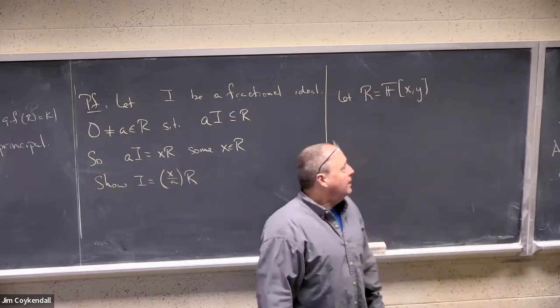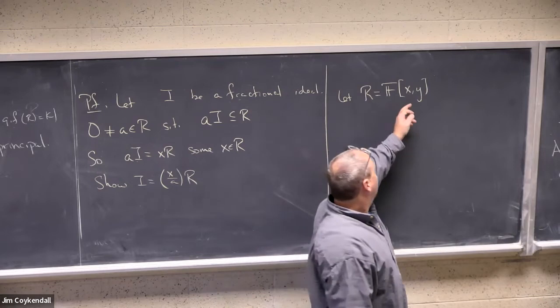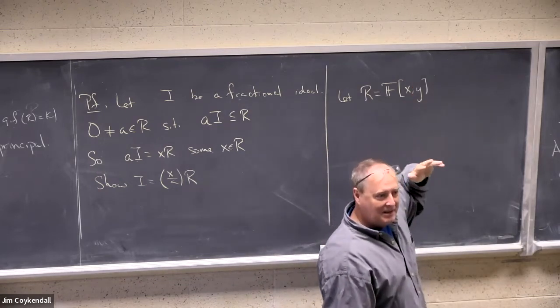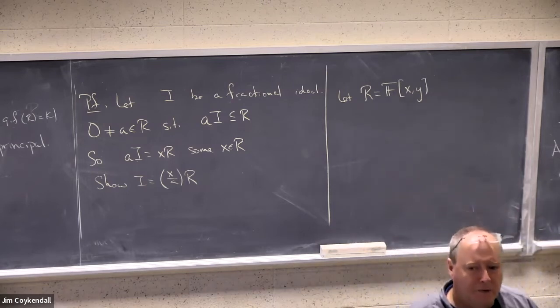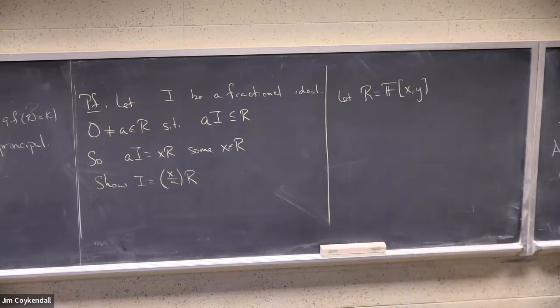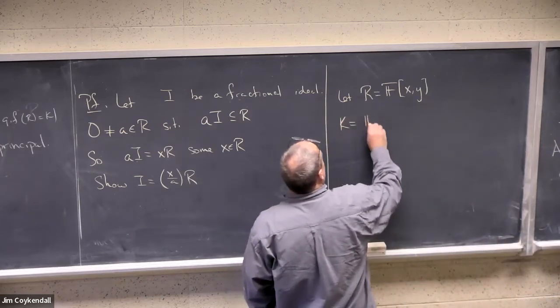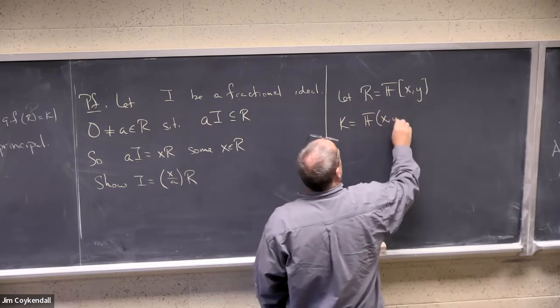Take a polynomial ring over a field, and by the way, I'm going to need two variables, because if it's just one variable, that's a PID. In this case, the function field is the rational functions in x, y.